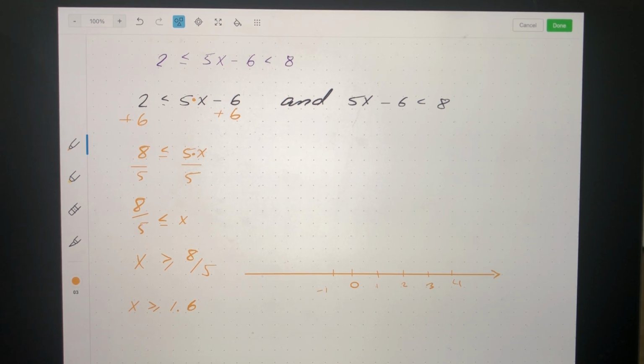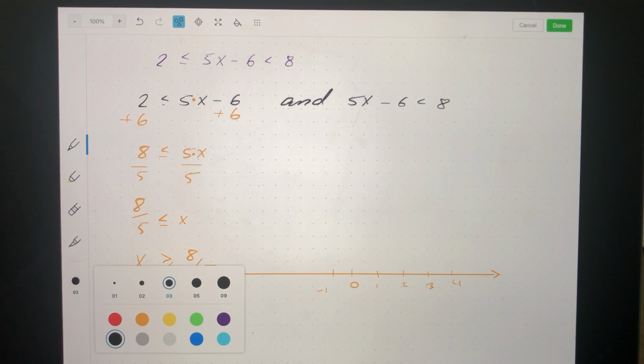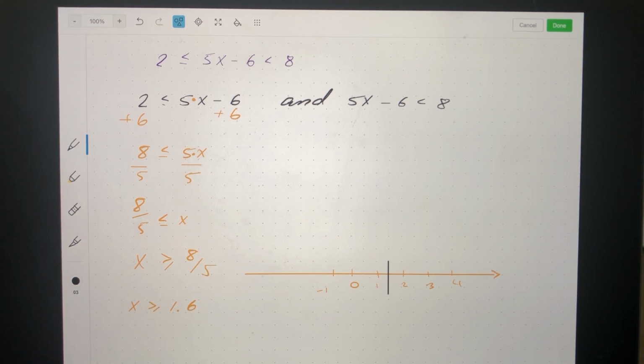So 1.6 would be located between 1 and 2, roughly here. So we'll call this 1.6, which is also known as 8/5, and our answer is greater than or equal. Greater than or equal is everything to the right. So here is the solution to the first half.